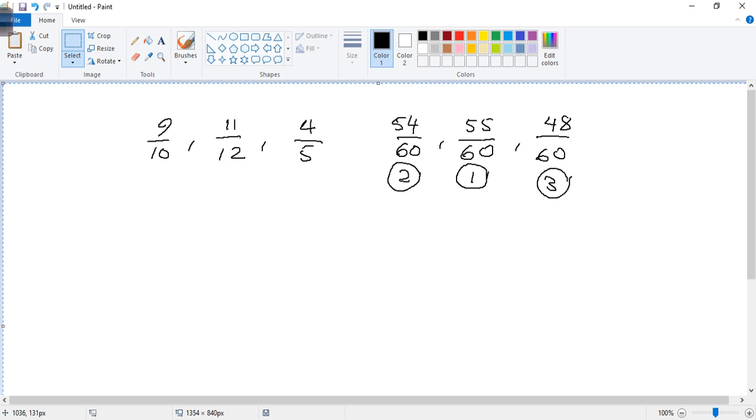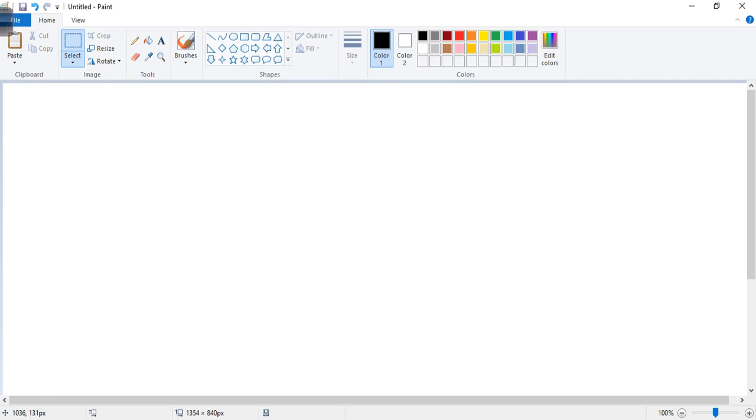Adding fractions. If we have a fraction, for example, 5 over 6 add 9 over 10. What is the common denominator between 6 and 10?